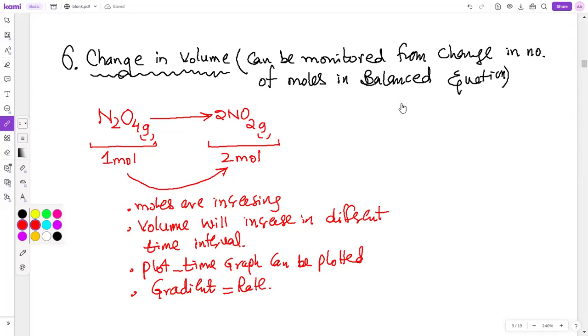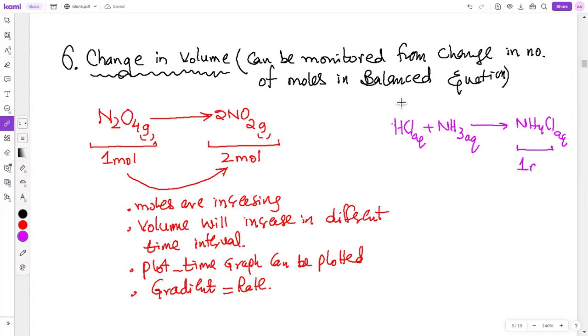Acha. We can take any other reaction as well, in which the moles of the aqueous thing are involved. For example, if you take HCl aqueous and ammonia aqueous, and it produces ammonium chloride, which is also aqueous. So again, we see beta here that we have 1 mole on the right hand side and 2 moles on left hand side.